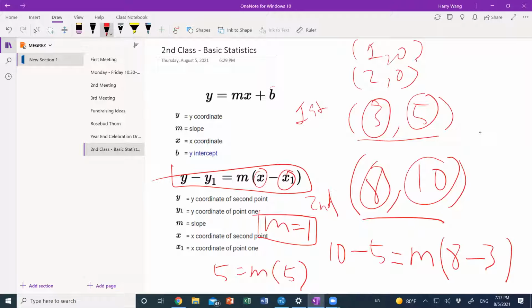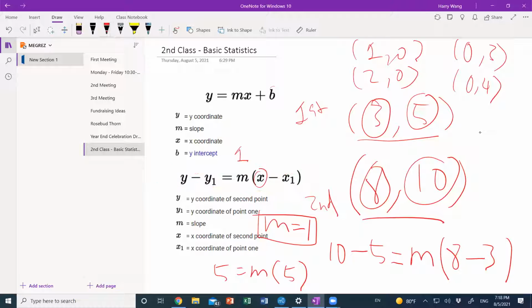These coordinates, if they appear on a line, are x-intercepts. And y-intercepts are simply when the x value is 0, so like (0, 3), (0, 4) would be y-intercepts. And so you can plug in the value of m is 1. And then if you want to find the y-intercept or the x-intercept, you can plug in 0 for their corresponding values.